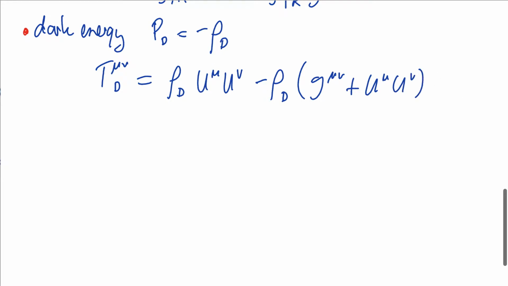And now, of course, this term cancels this term, and we're just left with minus rho sub dark energy times g mu nu. Now, the unique feature of dark energy is you'll notice the stress energy momentum tensor is independent of u.